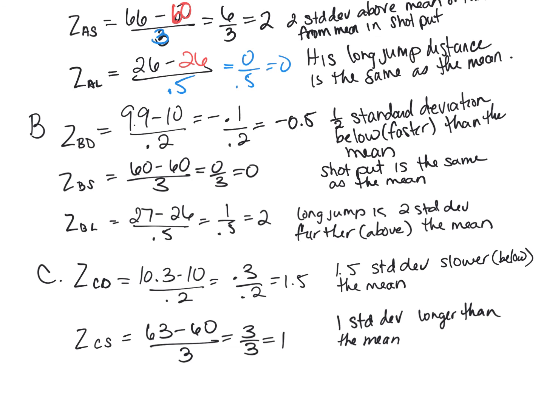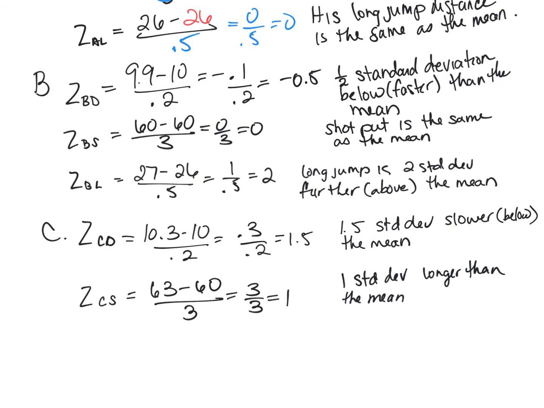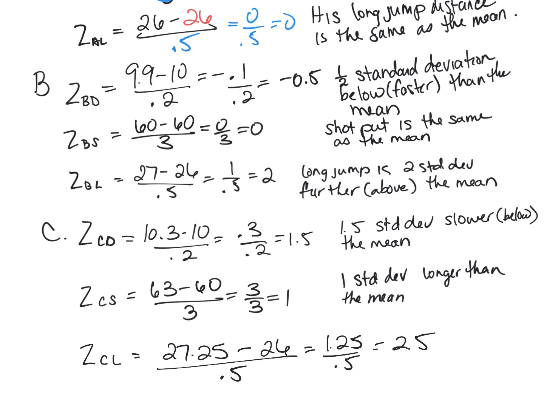And lastly, the long jump. He was 27.25 minus a mean of 26 over the standard deviation of 0.5. So that's 1.25 divided by 0.5, which is 2.5. So that's 2.5 standard deviations farther than the mean, and farther is above.